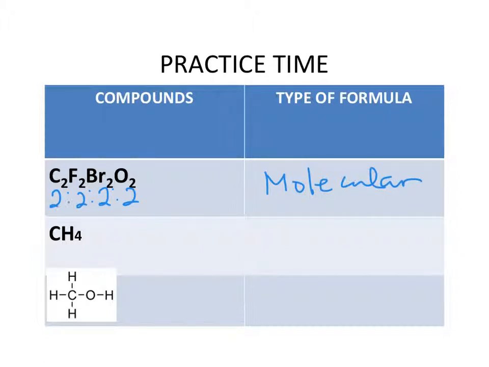In the second example, we see that this relationship is a 1-to-4 relationship. Since this cannot be further reduced by a common factor, this tells us that this is an empirical formula. And finally, in this example, this is a physical arrangement. So that should tell us that this is a structural formula.